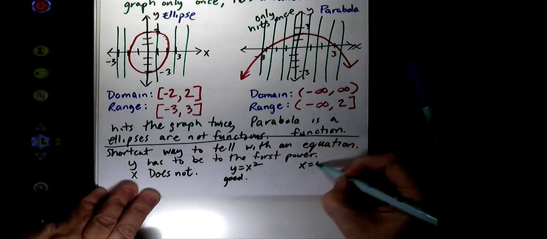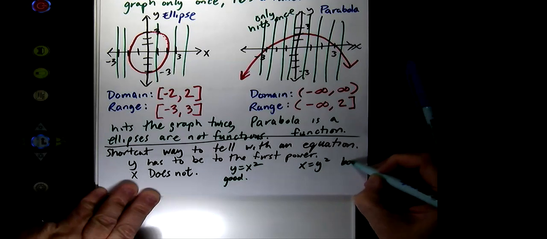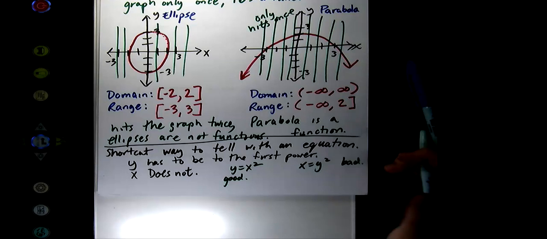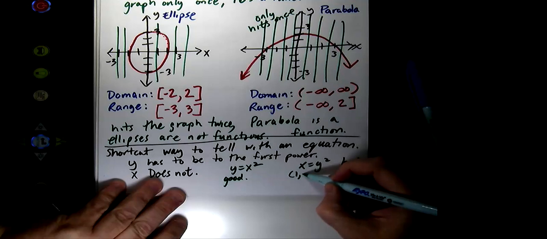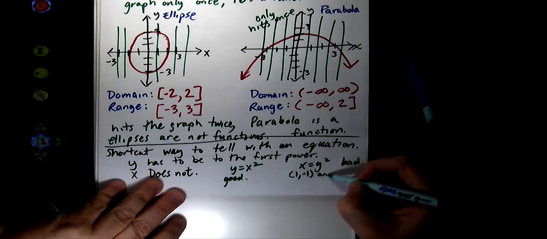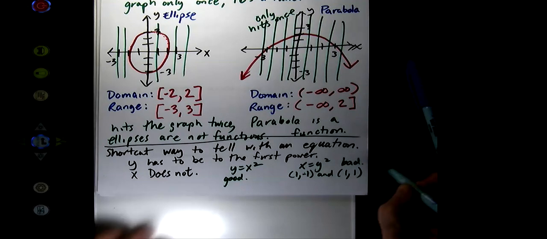X equals y squared, bad. Both 1, -1 and 1, 1 solve x equals y squared.